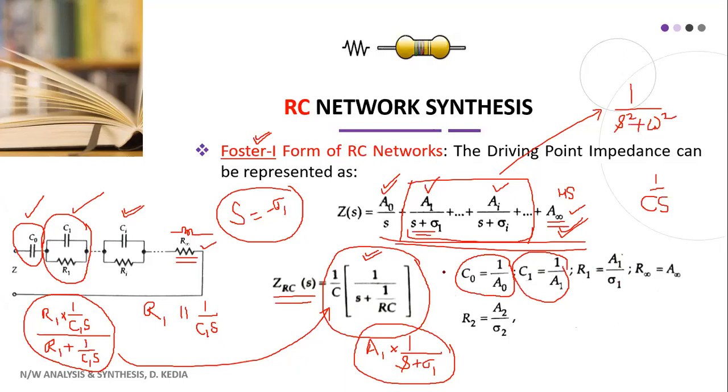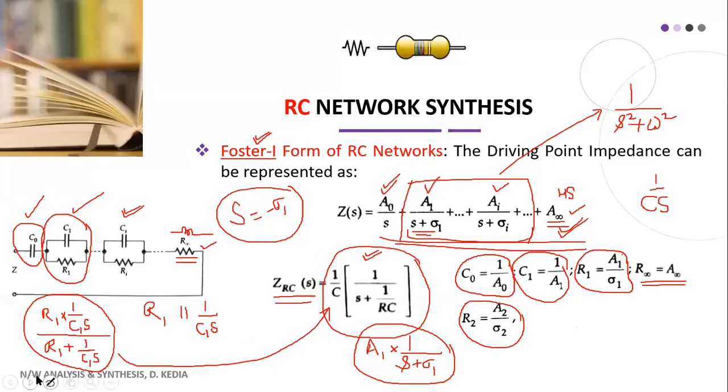Similarly, sigma 1 is 1 by R1 C1, so that gives us R1 is equal to A1 by sigma 1. And R infinity is A infinity. Similarly, R2 will be A2 by sigma 2, and R3 will be A3 by sigma 3. So this is how we represent our Foster 1 form of RC network. I hope it is clear to each and every student.